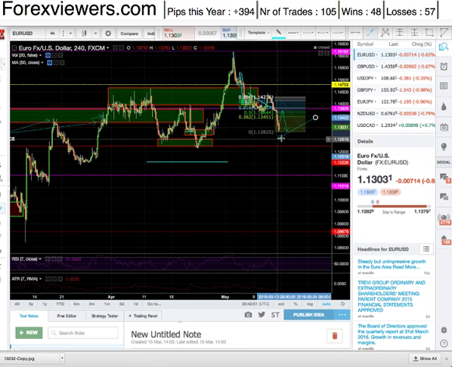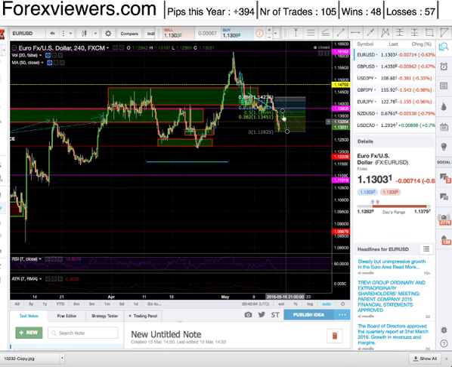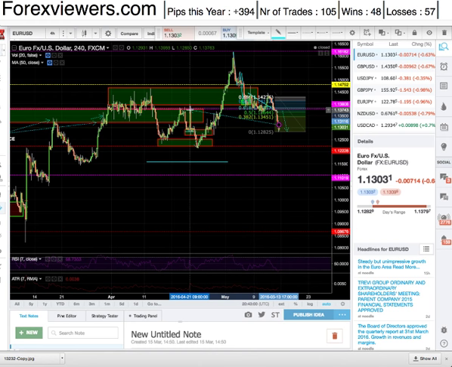The other scenario is a push to the 618, which is right at this level here as well. And as you can see, this bigger cluster of candles, which is basically from the 618 to the 38 right here.